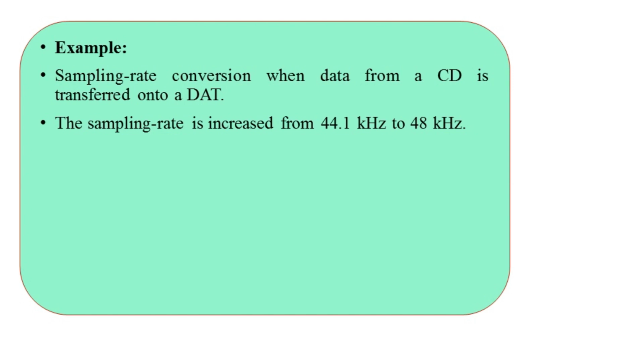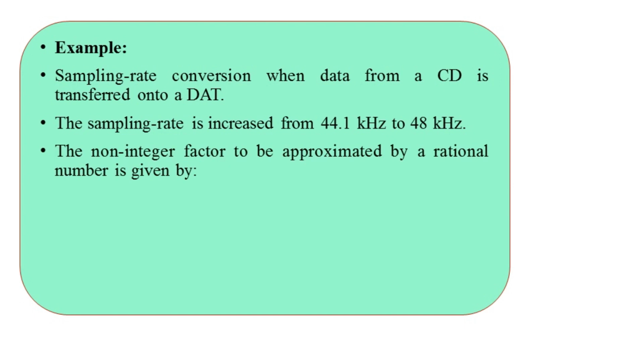Now the non-integer factor is first of all to be approximated by a rational number. In general F is equal to capital L upon capital M. Now we put 48 in the numerator, then 44.1 in the denominator.